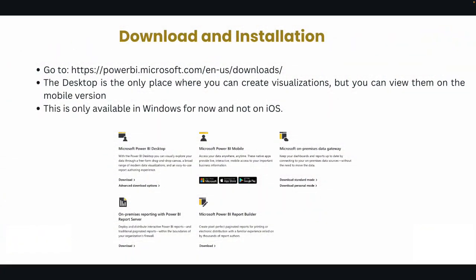To start, go to powerbi.com/en-us-downloads. Now, there will be many ways for you to access Power BI. There's a cloud version and there's also the mobile and the desktop version. So as you can see here, the desktop is the only place where you can create visualizations, but you can view them on the mobile version.